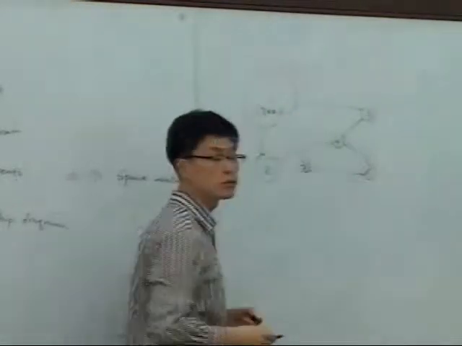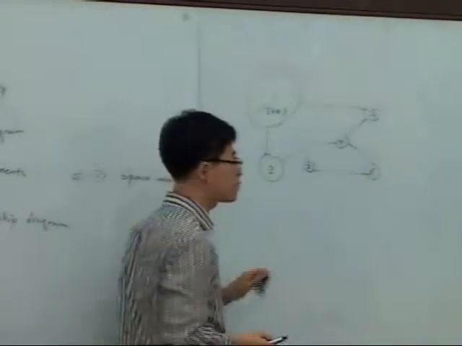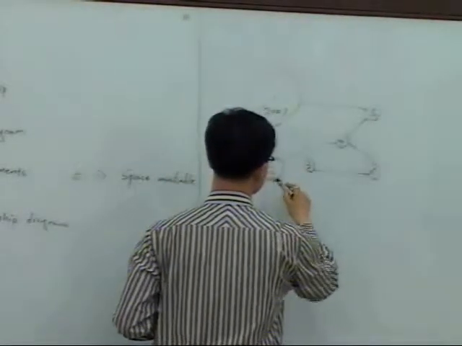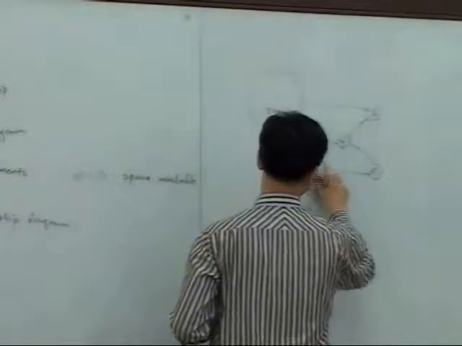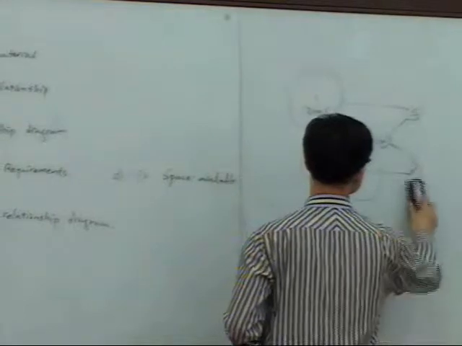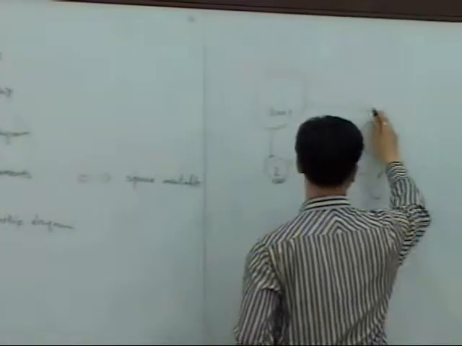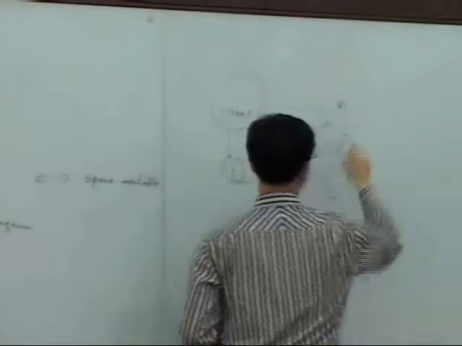It would be nice to write down the required spaces under the name. Any question about space relationship diagram?